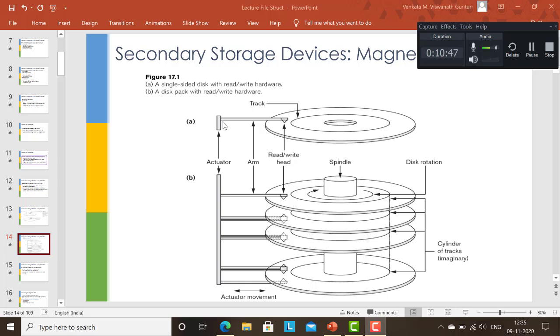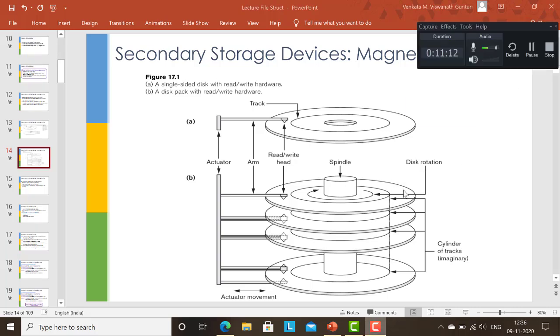Let's say this is the current position of your read write arm, and a hardware address comes in. First you have to figure out which surface contains that hardware address, and that address is a combination of the surface, the track you are on, and then finally the sector, right?